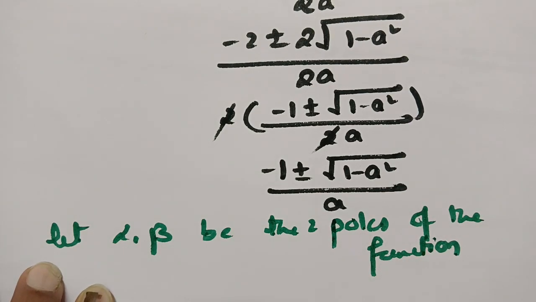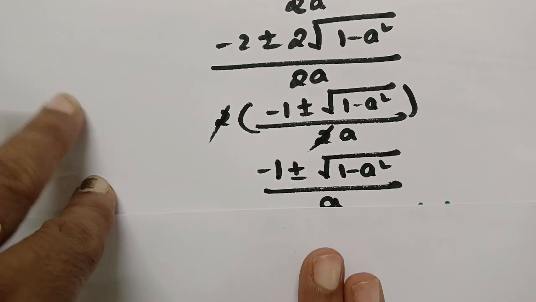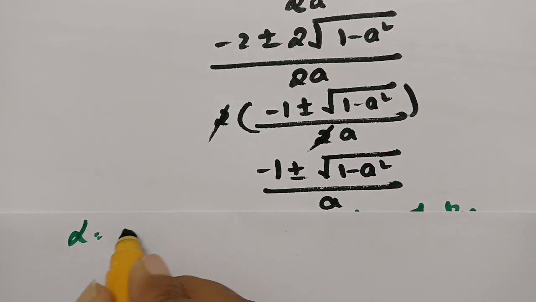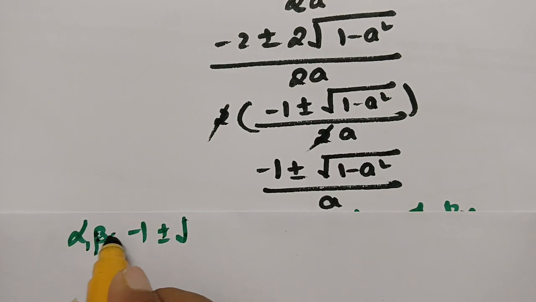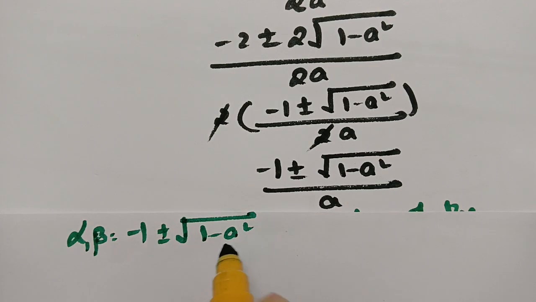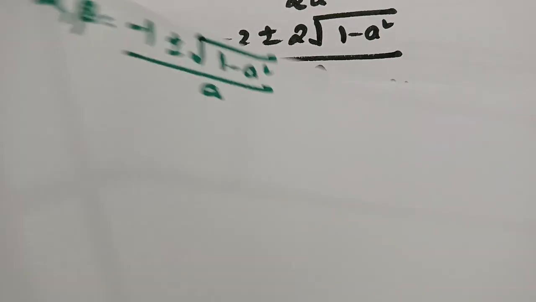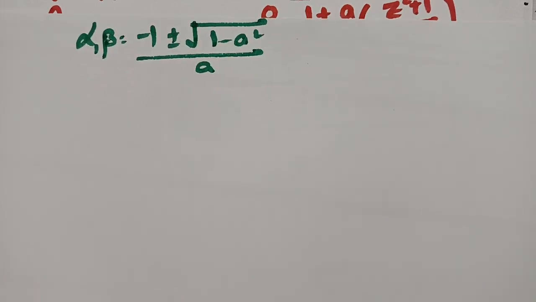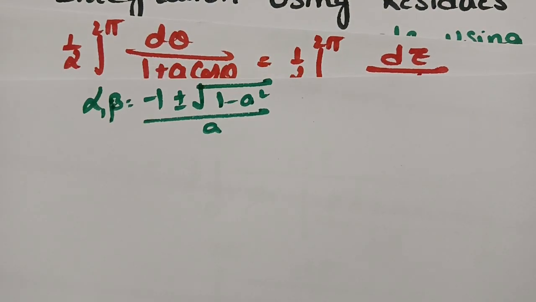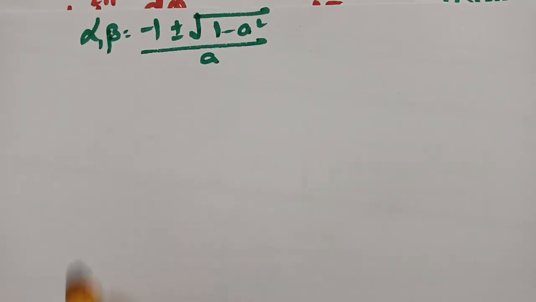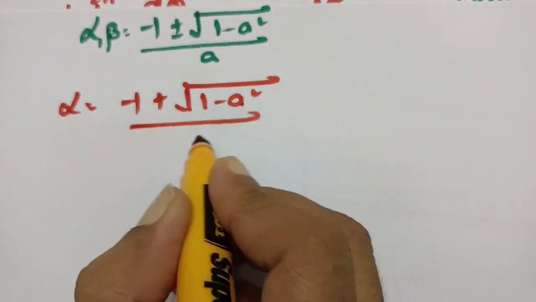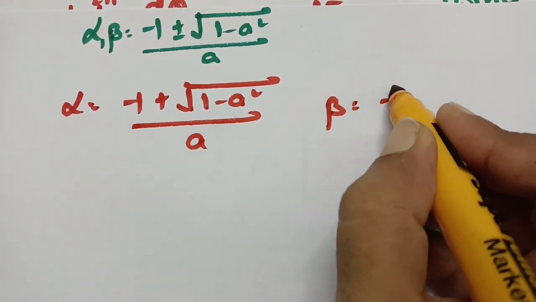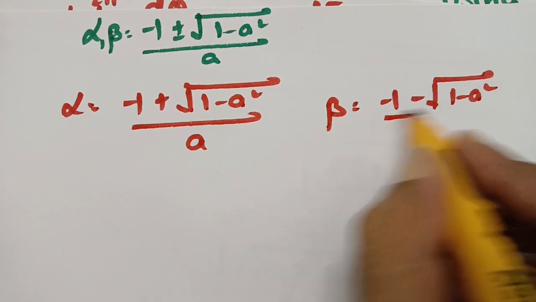Therefore, the roots alpha, beta are minus 1 plus or minus root over 1 minus a square by a. So alpha value is equal to minus 1 plus root over 1 minus a square by a, and beta value is equal to minus 1 minus root over 1 minus a square by a.